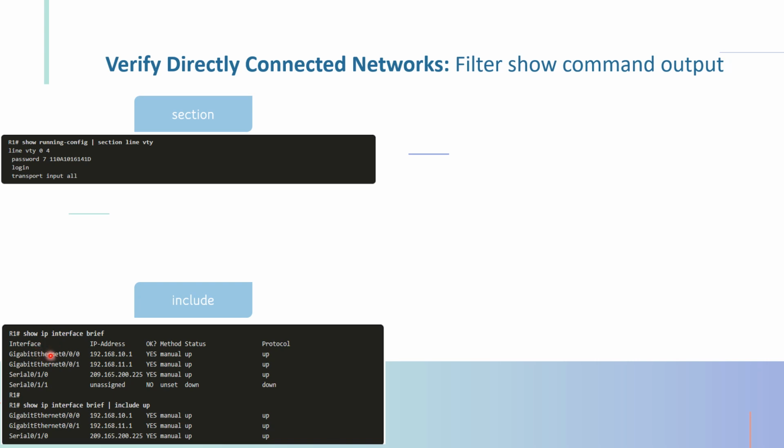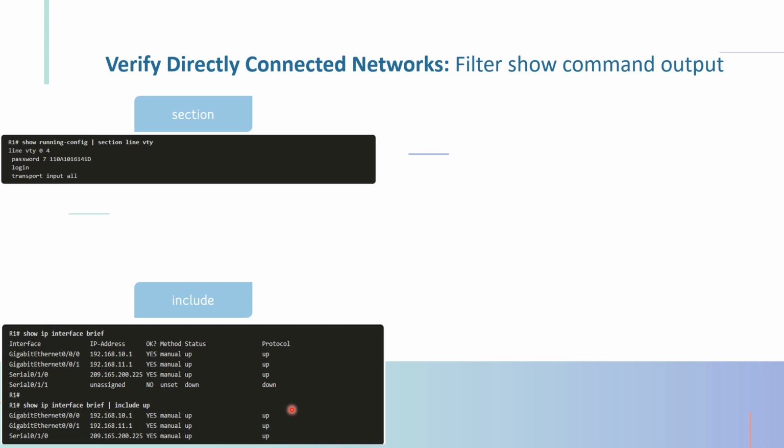Here in this case, we use the show IP interface brief, and it shows all the interfaces and all the information, but by entering a pipe and then include up, here will be the output, which means that the serial 0/1/1 will not be shown since this interface is down.